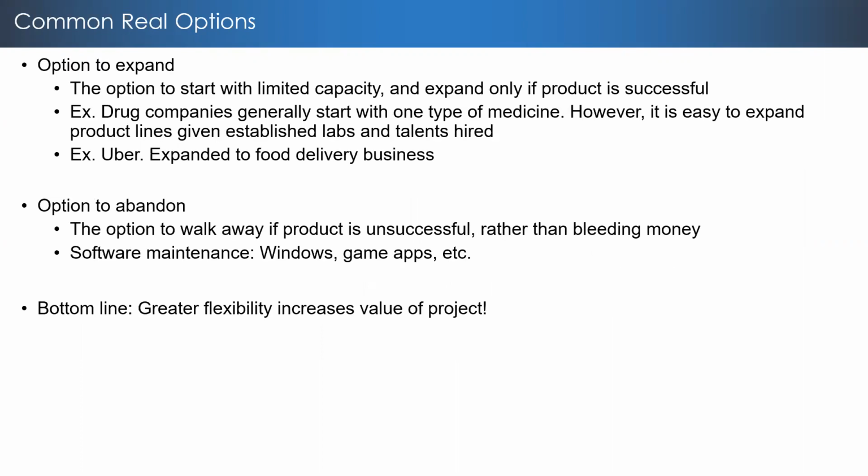And there are options to expand your investment. There are options to abandon your investment, or to abandon your project without losing much value. So think about software maintenance. If you're designing a game, then it's very easy to stop without having spent too much money on it. And think about the option to expand.